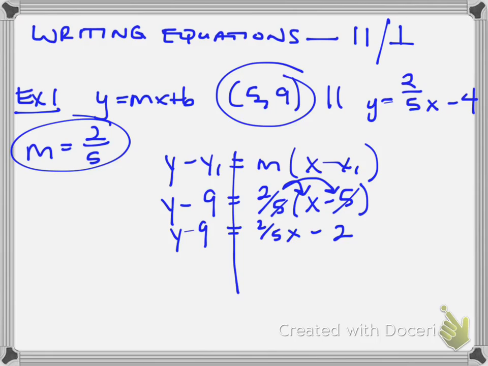Okay, so negative 2. Now what? Add 9. I don't subtract it because it's negative already, so I want to add 9 to both sides, only to like terms. And I end up with y equals.